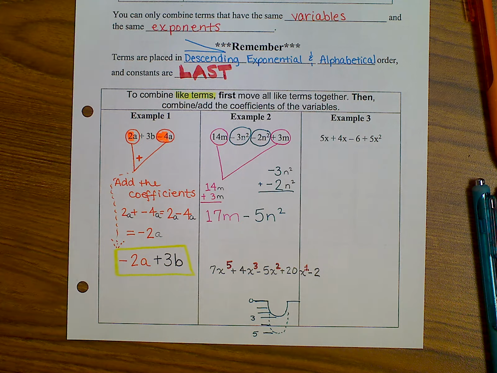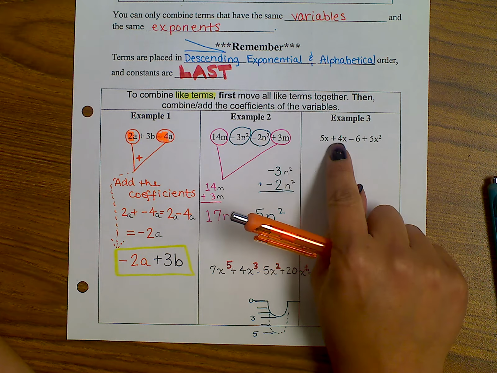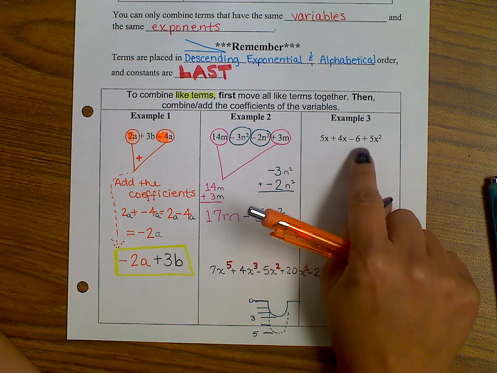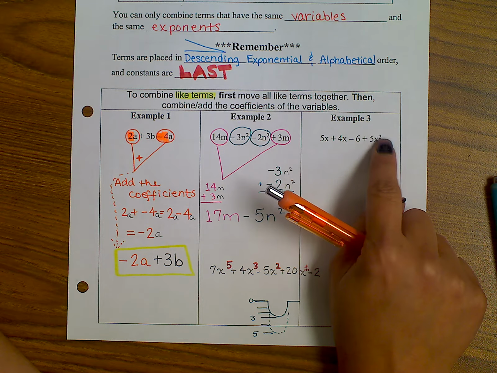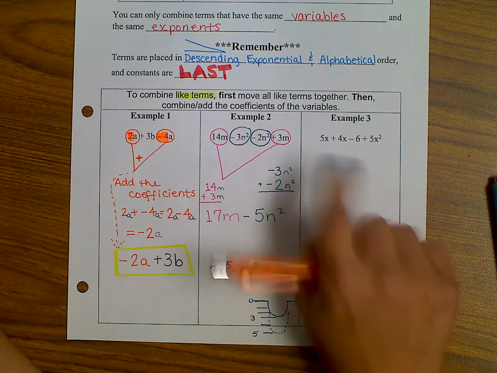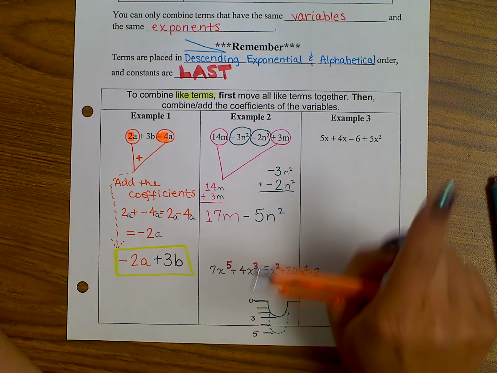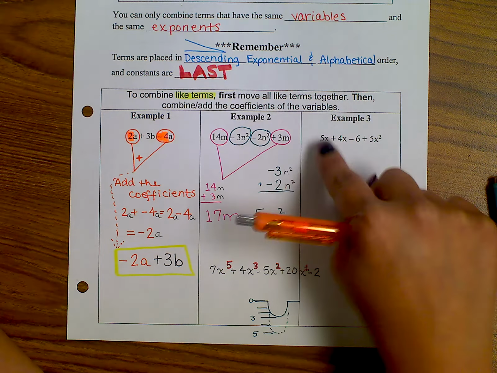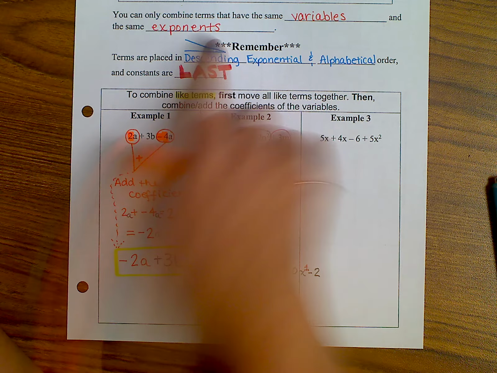Perfect. Okay, now lastly, we have 5x plus 4x minus 6 plus 5x squared. Okay, all right, so in this case, now all of our variables are the same, but not all of them are like terms. So looking for like terms, we have the same variables on all three of these, but we have different exponents.